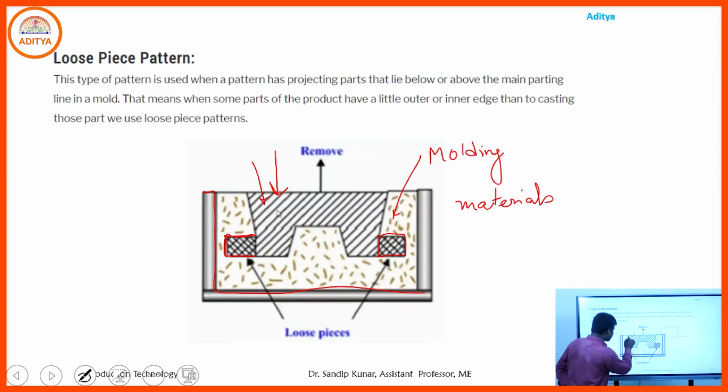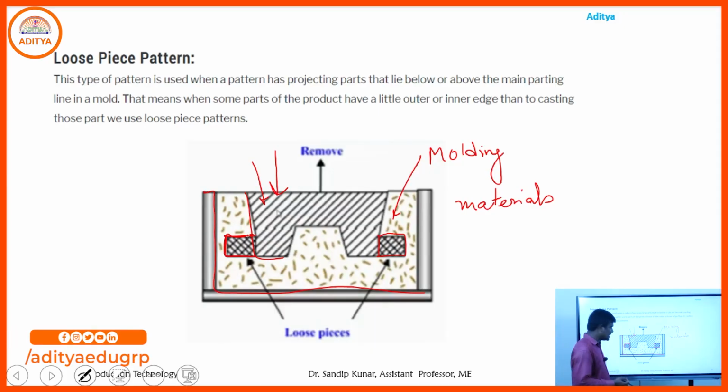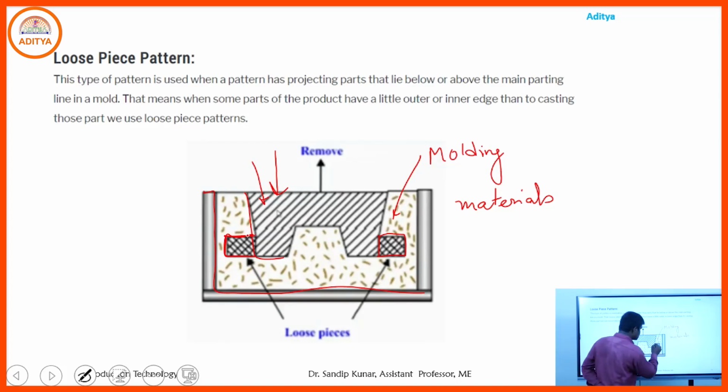That is the main pattern, but we want some extra portion for some purpose, so we have added an extra pattern, which is called the loose piece pattern.